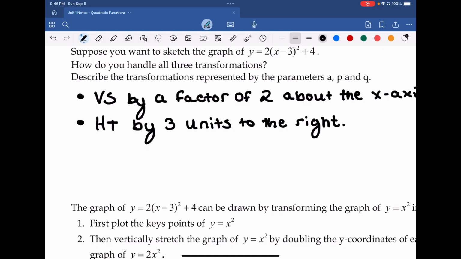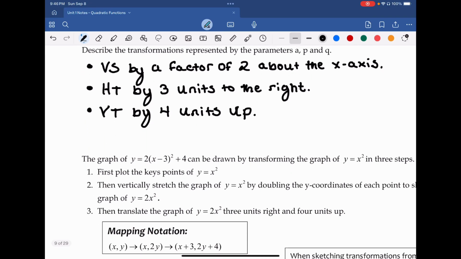Okay, now in terms of the vertical translation in this case, we're going to move up by 4 units because if it's positive here, we just keep it positive. So I'm going to write there is a VT or vertical translation by 4 units upward, or 4 units up. There we go. So that's all we have. No reflection, but a vertical stretch, horizontal translation, and a vertical translation.